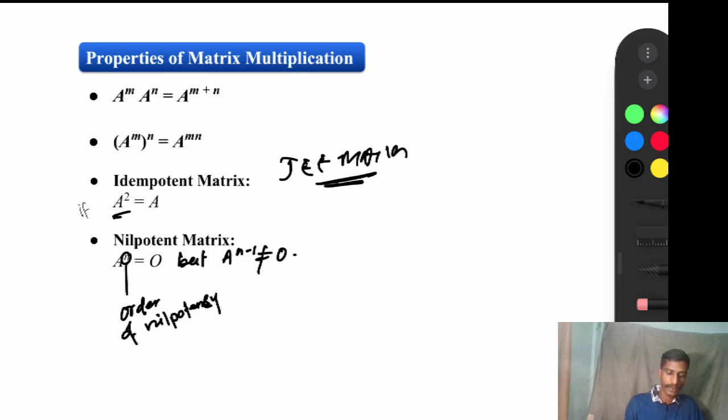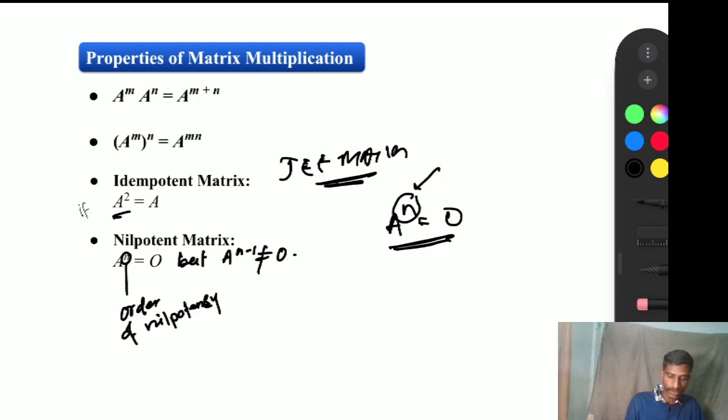That is, if A squared is equal to A, then we can say that it is an idempotent matrix. And if A raised to the power n is equal to 0, then we can say that it is a nilpotent matrix.